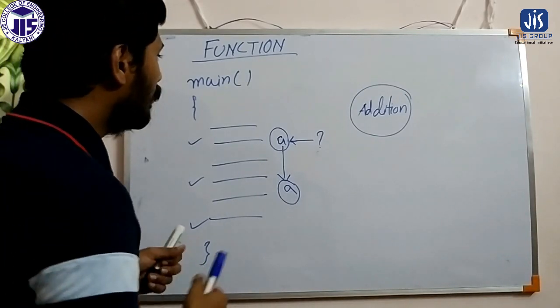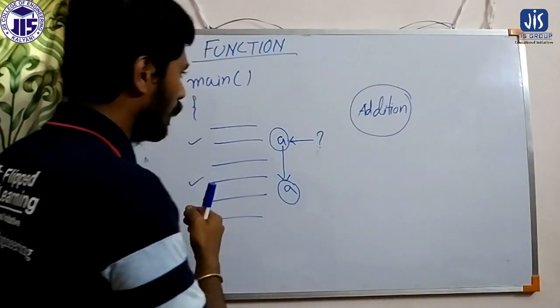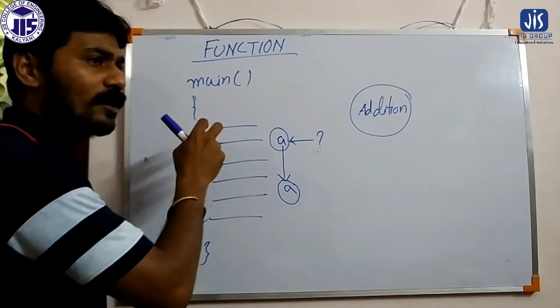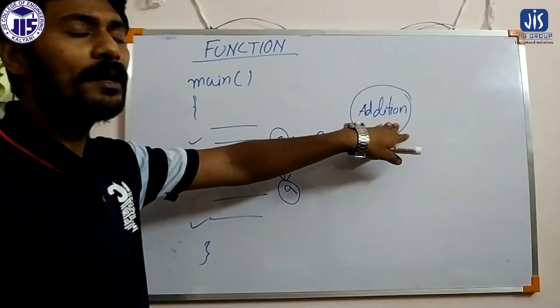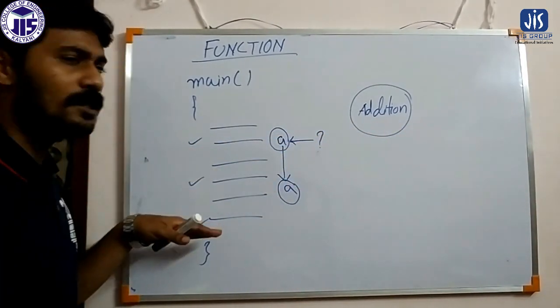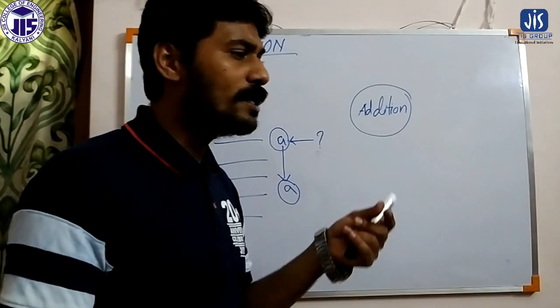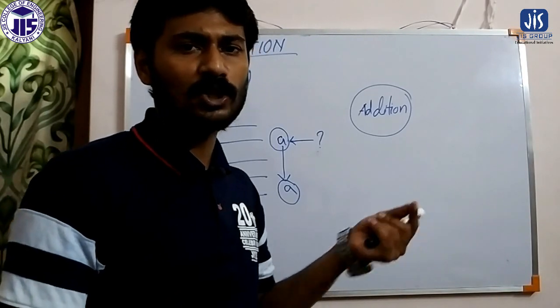Now, whenever this operation is required in the program, what we have to do? We have to write the instructions through which we perform this operation, multiple times in this program. Here I have taken the example of addition, which is a very small function. Using only one statement we can perform the addition operation.